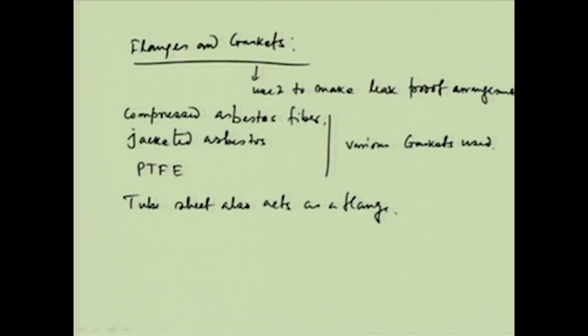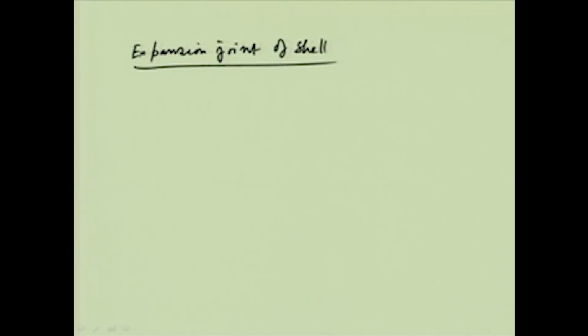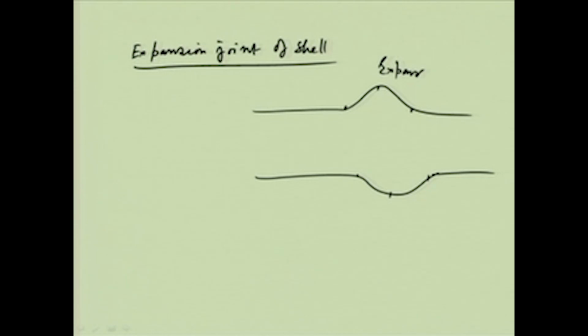Now, let us come to another important point, that is the expansion joint of the shell. We have a shell, and a shell can have a joint of this kind. These are expansion joints. So, we can say these portions are welded. So, these are called expansion joints.